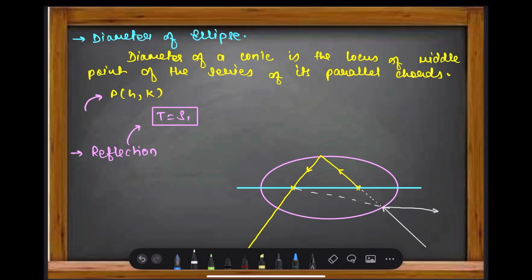And if a ray of light comes from outside, after striking the reflecting surface, it will move in such a way that the incident ray will pass through one foci and the reflected ray will appear to pass through the second foci. I hope the idea is clear.